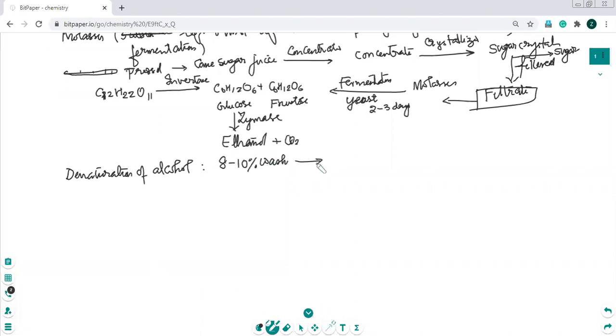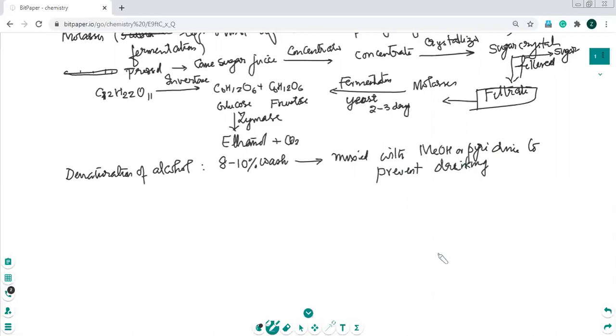For preventing people from drinking this, especially those going for industrial purpose, this alcohol is mixed with poisonous material like methanol or pyridine to prevent unauthorized drinking. And remember, it's a poison.